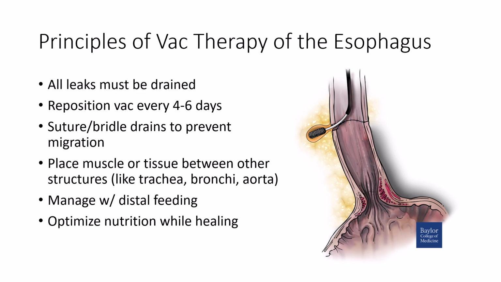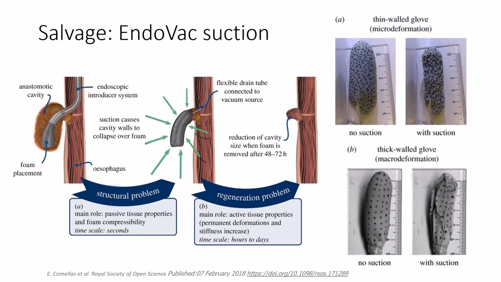Others prefer a nasogastric tube as the delivery device for the vac sponge. And still others have found the benefit of covering that vac sponge with the tip of a glove, which prevents the vac sponge from becoming too incorporated into the adjacent tissues. When the esophagus has a leak and the vac sponge is placed into the cavity of the leak, you can develop a regeneration problem.